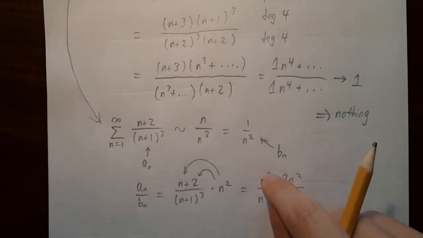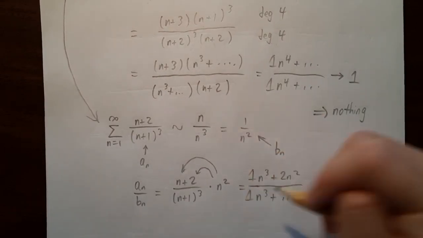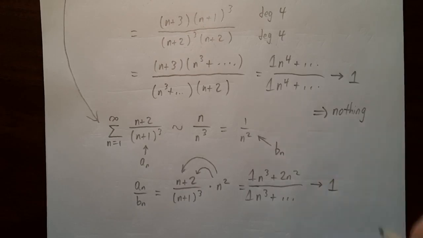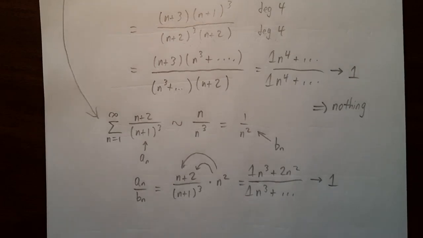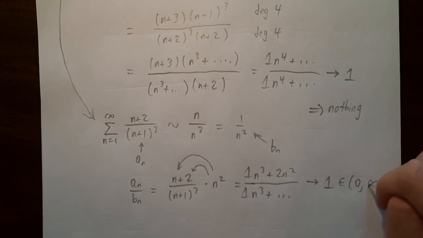Both top and bottom have the same degree, so it's just going to be the ratio of the coefficients. And so I take the limit, I am going to get 1 yet again. But in the context of limit comparison, that actually does tell us information, because 1 is a number that is between 0 and infinity.